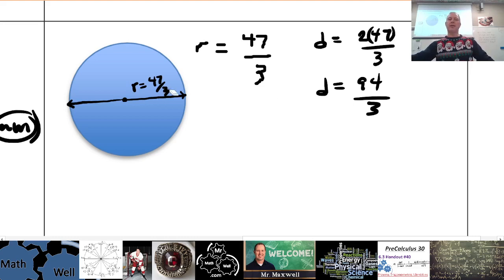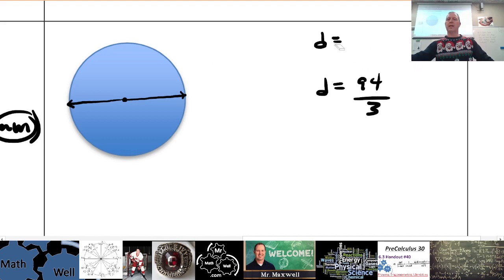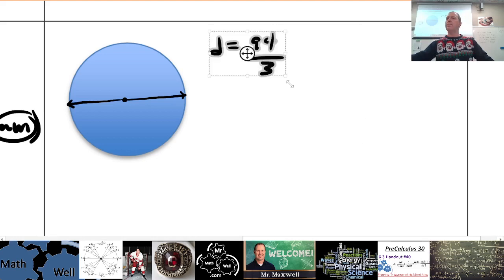Now, if you were given the diameter only, and you were asked for the area, we're not given the radius, but could you do it? Yeah. All you'd have to do is divide by 2, right? Now, this may be a little challenging for some of you, but how do we divide a fraction by 2? Remember, that's the same as multiplying by the reciprocal.